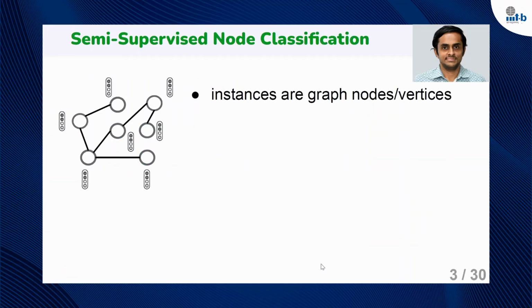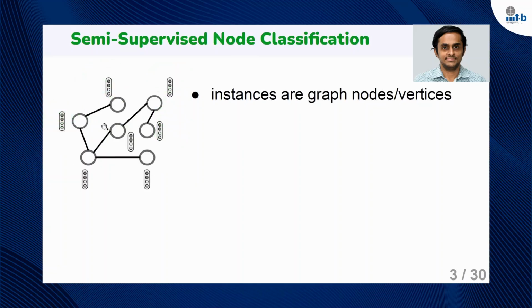Now, one of the most popular problems in this space is the semi-supervised node classification problem, in which the machine learning instances are the nodes, the vertices of the graph. These represent the input features.